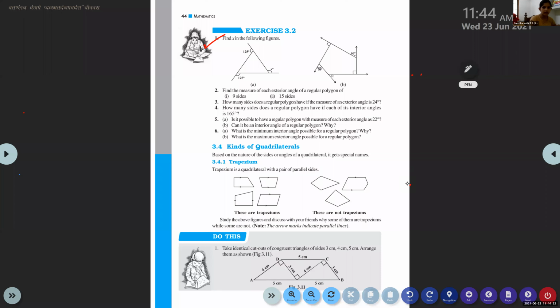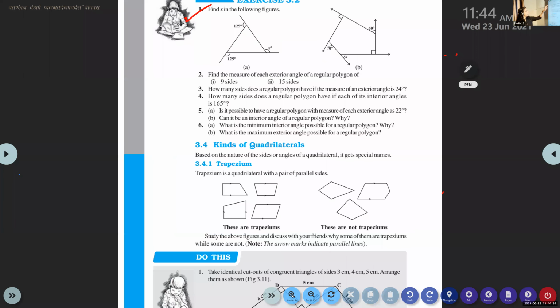Now, x is 110, because 125 plus 125 is 250. Can you zoom it a little bit? Okay, I'll zoom. Ma'am, maximum exterior angle.